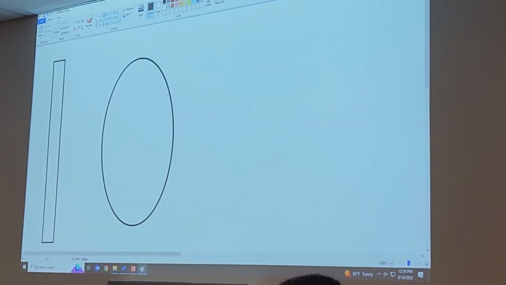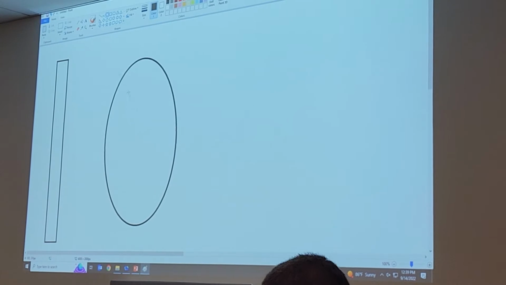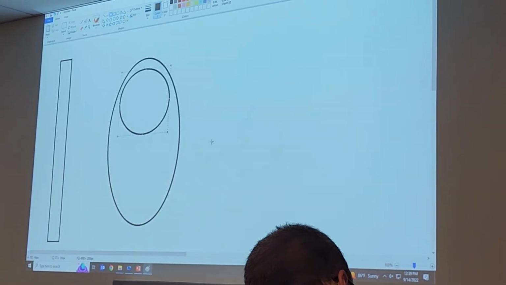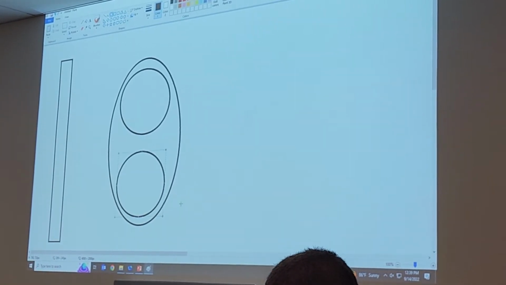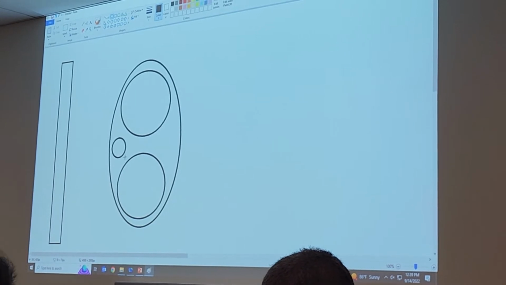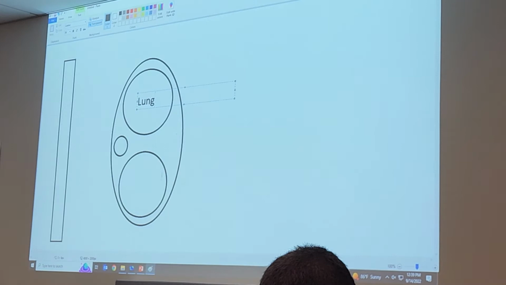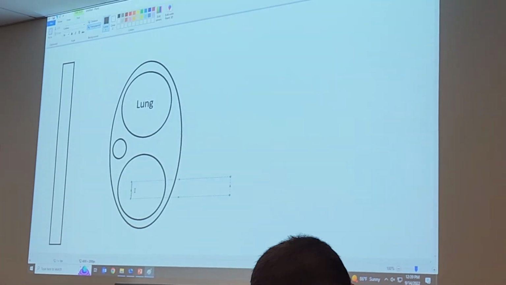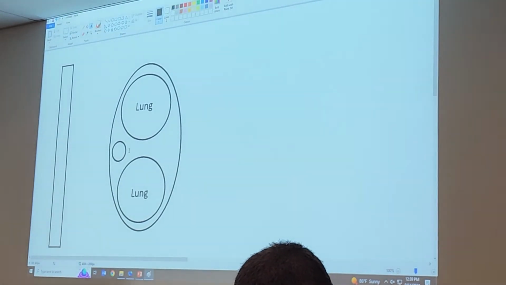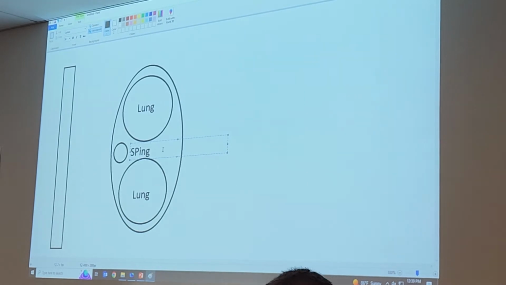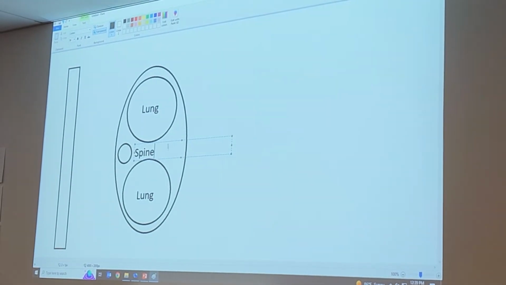Okay, so let me try and give an example here. Let's say that I've got lung, right? I've got lung, and I've got spine here.